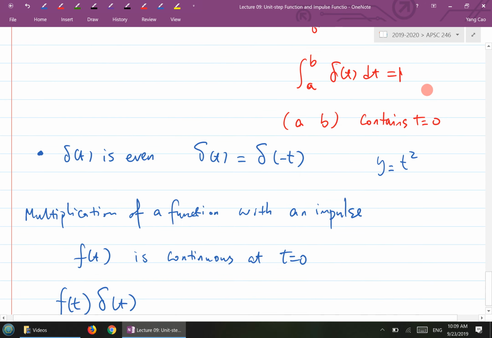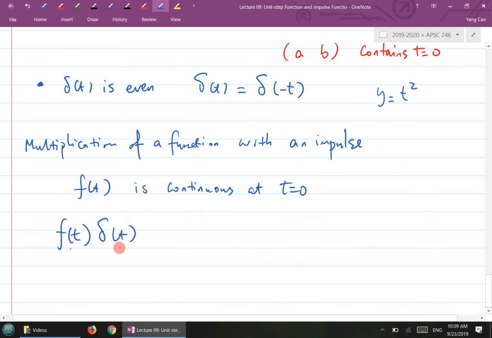If you multiply any function with the delta function, when t is not 0, the result of this multiplication should be 0. And when t is 0, you're restricting to only one moment, t equal to 0, so it's f of 0 times delta t.